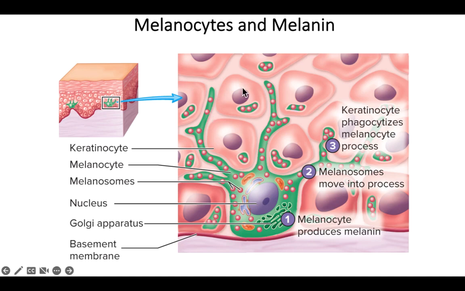Then what will happen is the keratinocytes will actually phagocytose, bring in that melanin in order to protect them. So now you've got all the cells here, the keratinocytes and the melanocytes, being protected with melanin.